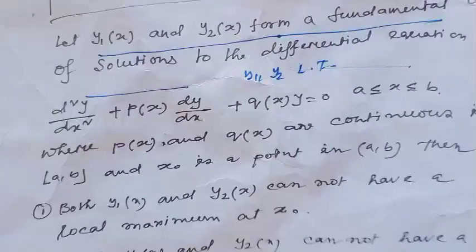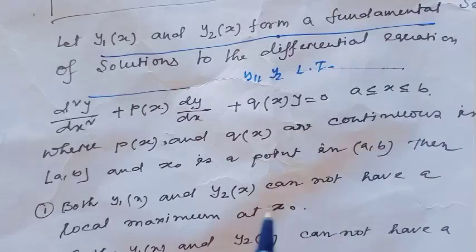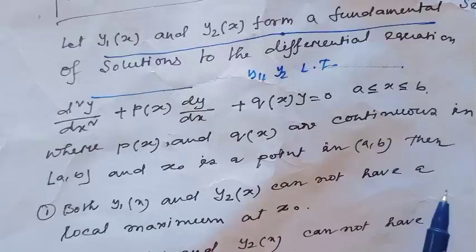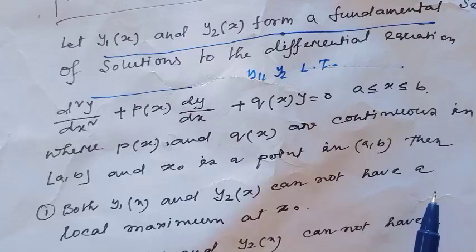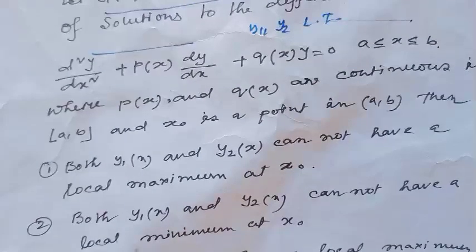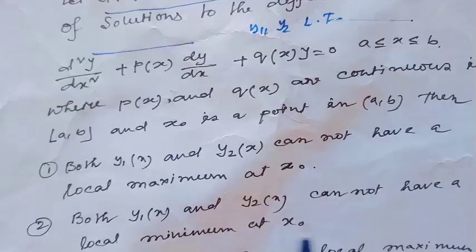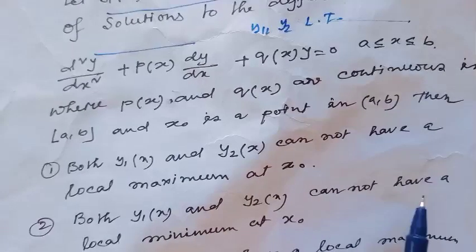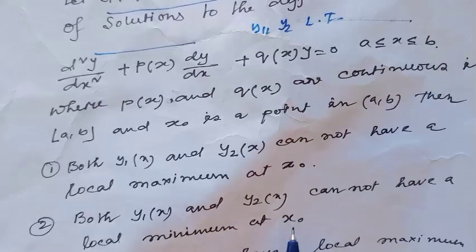Option 1: both y1(x) and y2(x) cannot have a local maximum at the point x naught. Option 2: both y1(x) and y2(x) cannot have a local minimum at the point x naught.